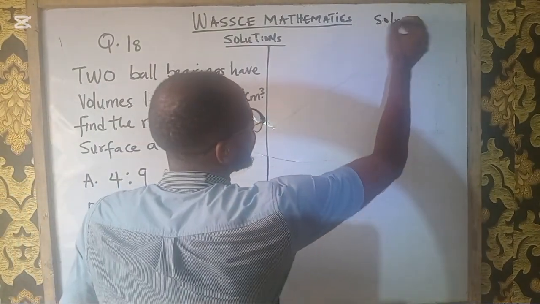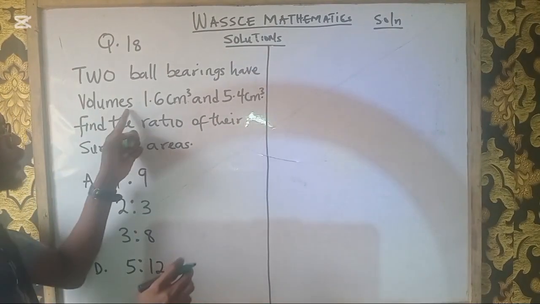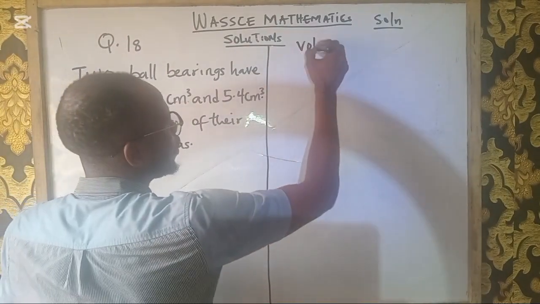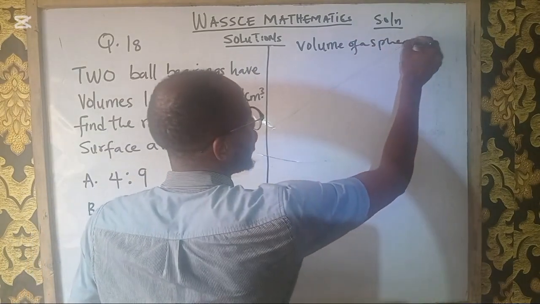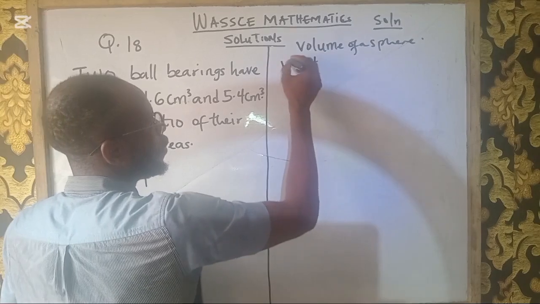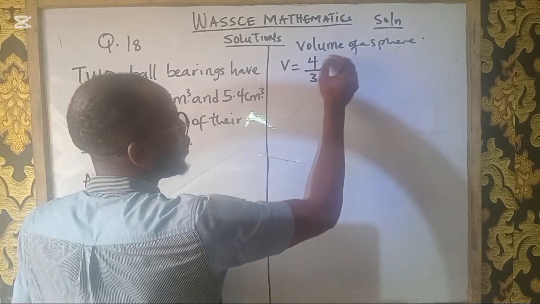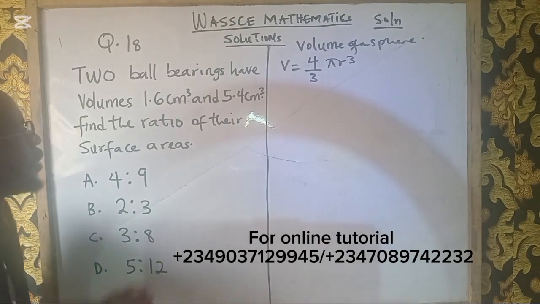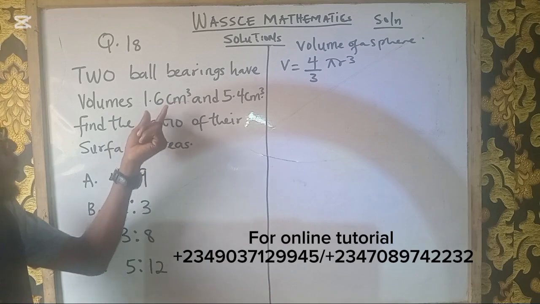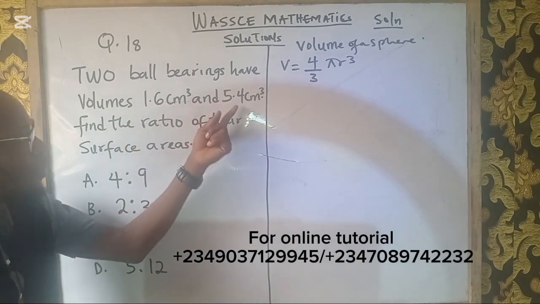Solution. Volume of a sphere. Let's do that. The formula is this: 4 over 3 pi r cubed. That's the formula of volume of a sphere. All right. We are told that the volumes are 1.6 cm³ and 5.4 cm³.